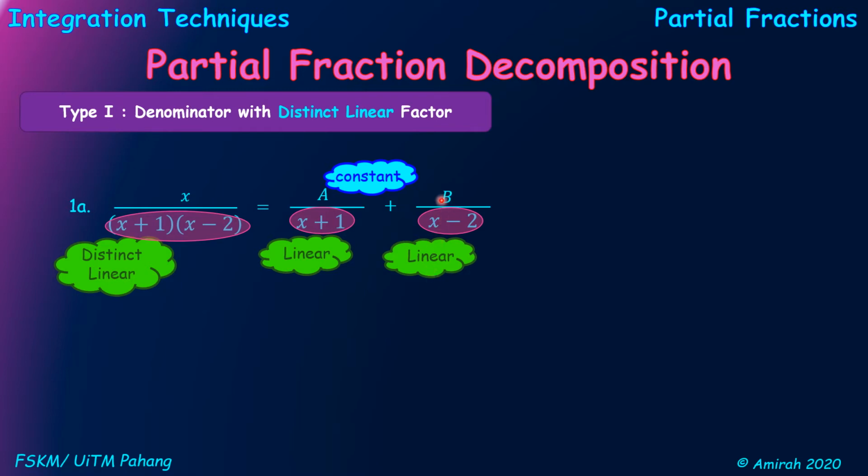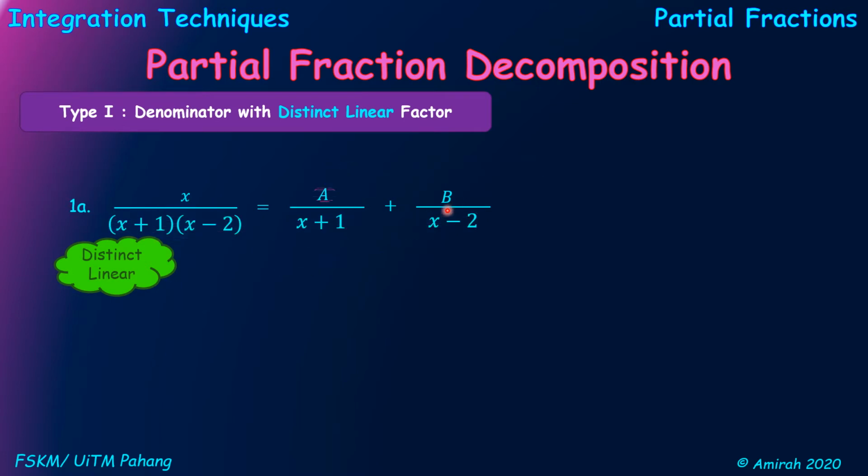So we can write another constant b. This is also constant. And then from here, we have two constants a and b, because from the original fraction, we have denominator with degree 2 if we expand here, right?